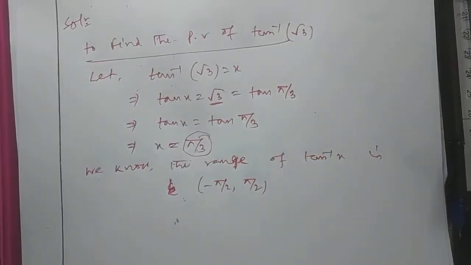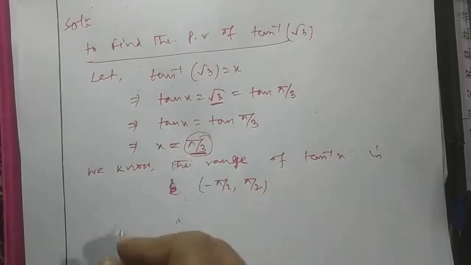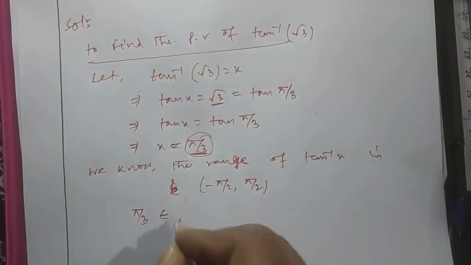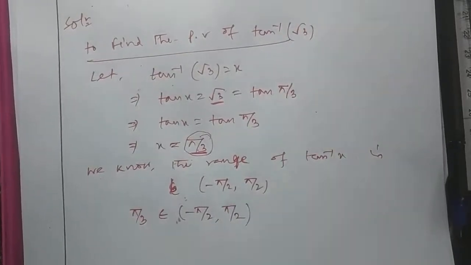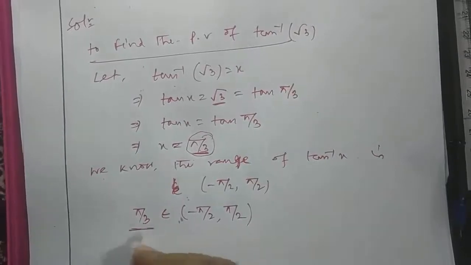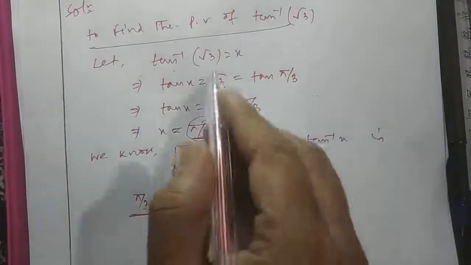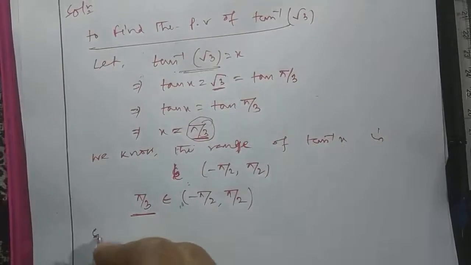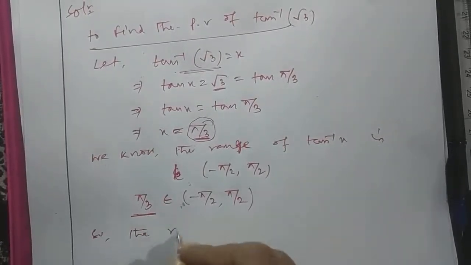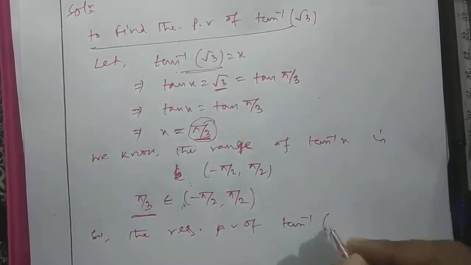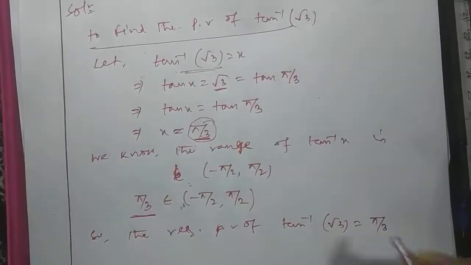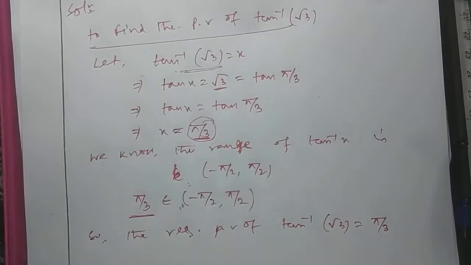If it belongs, then it will be the required PV as usual. It is clearly seen here, this angle pi by 3 belongs to the range minus pi by 2 comma pi by 2 open, correct? So it is the required PV of tan inverse root 3. So you can say the required PV of tan inverse root 3 is pi by 3, correct? In this way we get one PV.